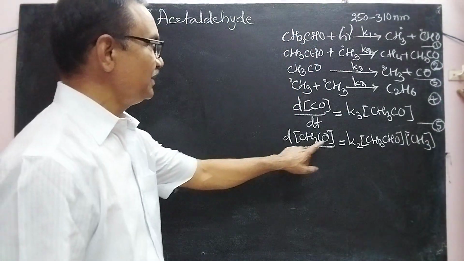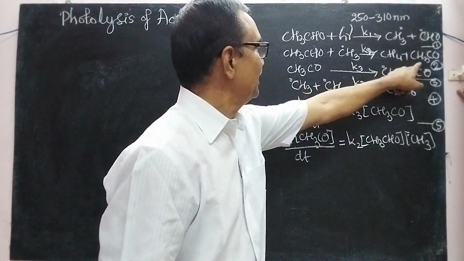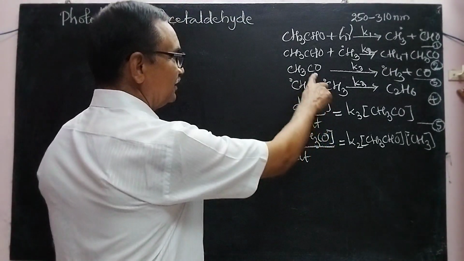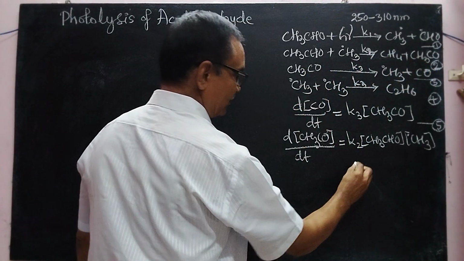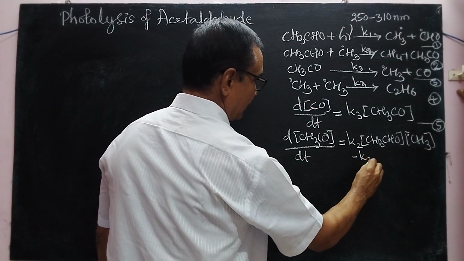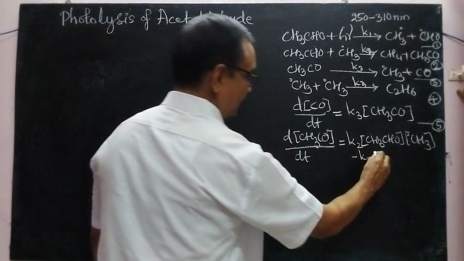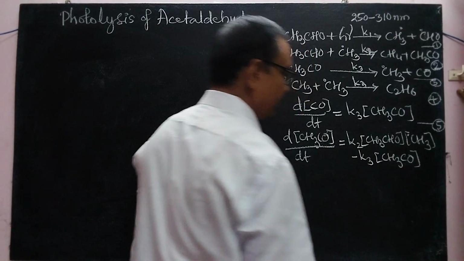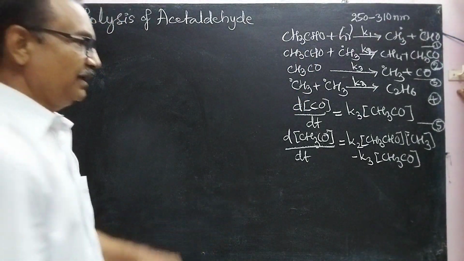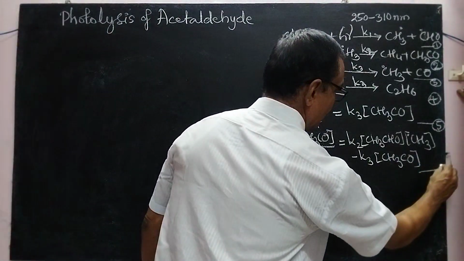This is the formation of this intermediate compound. And the second one is decomposition, that is decrease. Here this is formed, here it is consumed. That is minus K3 into concentration of CH3CO. We may take this as equation 6.